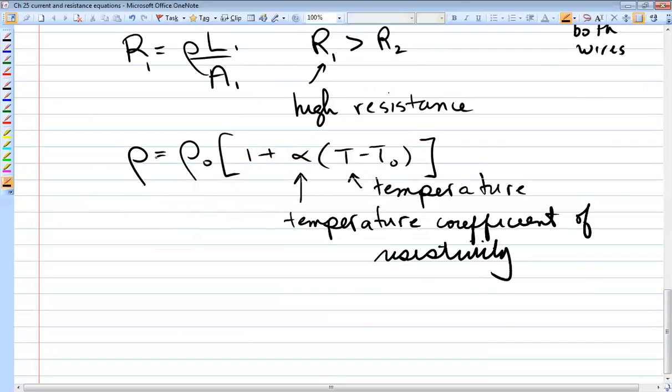What I like to do with this equation is put hot and hot for the temperature, and then cold and cold. And then that's how you calculate the resistivity when it's hot: put the hot temperature minus the cold temperature, and the resistivity when it's cold.